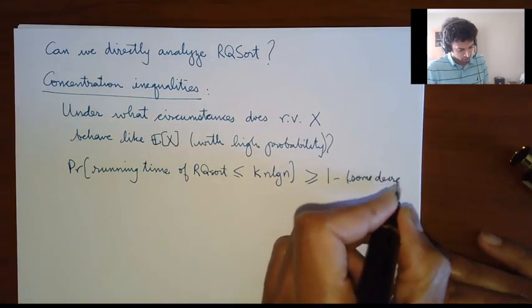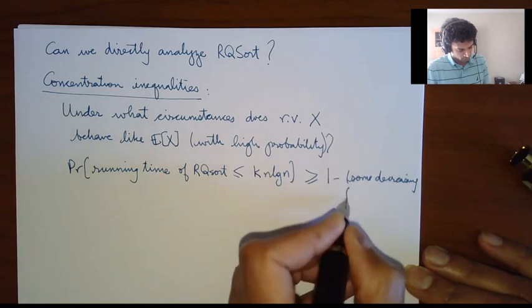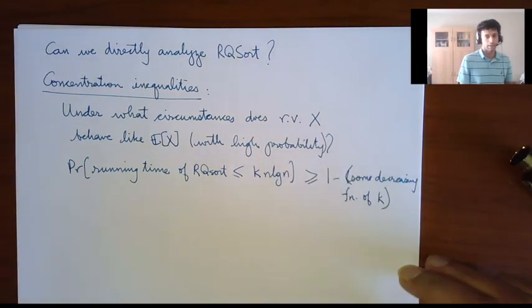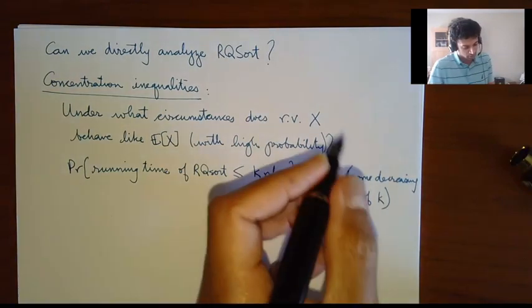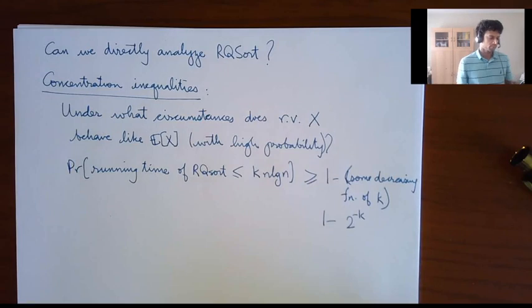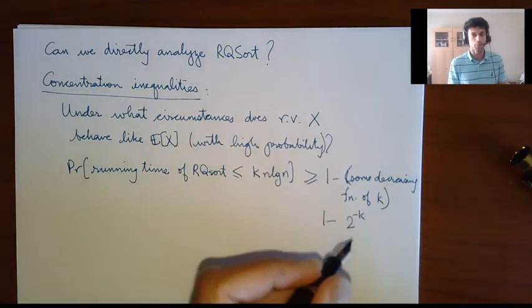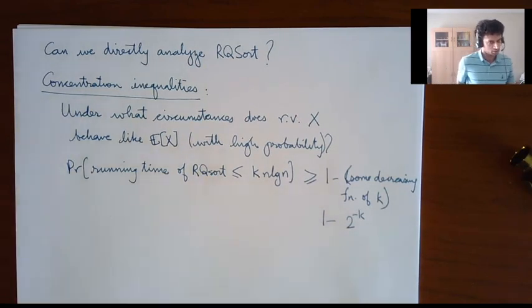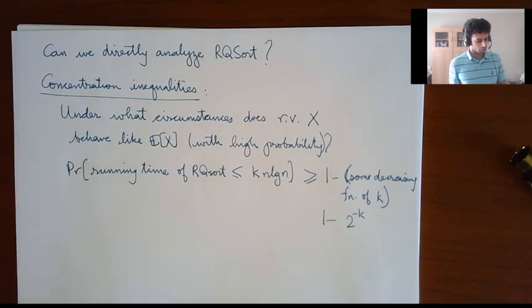Maybe ideally this is like 1 minus 2 to the minus k or something. This is not necessarily going to be true, but this is sort of the ideal bound. And actually, we can achieve something like this with some change in constants, and I will prove something like this eventually. This is what we would like to show.